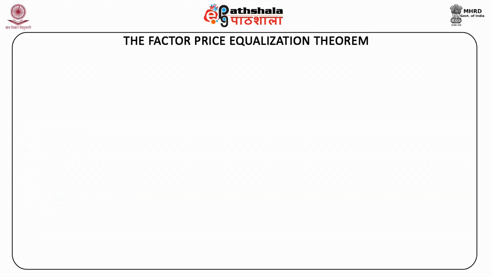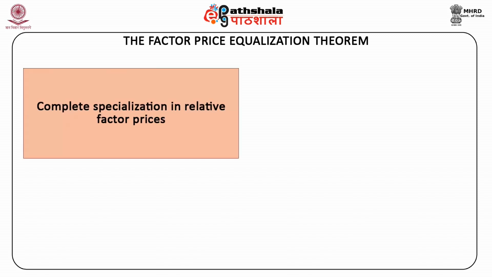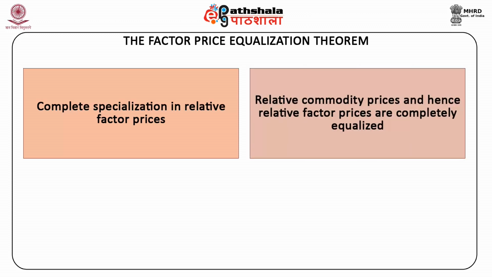However, trade not only reduces the difference in the return to factors of production, but would bring about a complete equalization in relative factor prices. International trade will keep expanding until the relative commodity prices and hence relative factor prices are completely equalized.